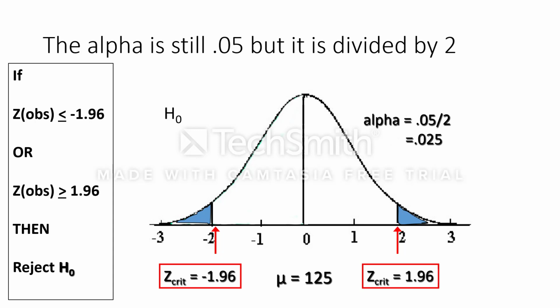So we're looking for z-scores that we calculate from our sample with either values that are going to exceed 1.96 or be below minus 1.96 over here.